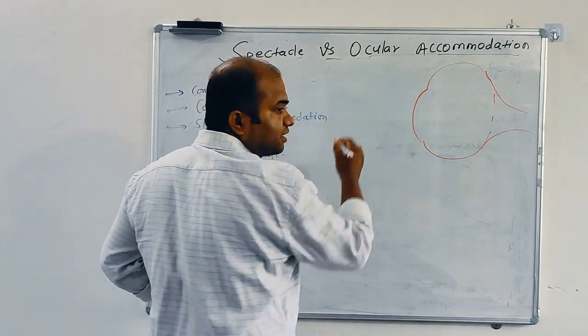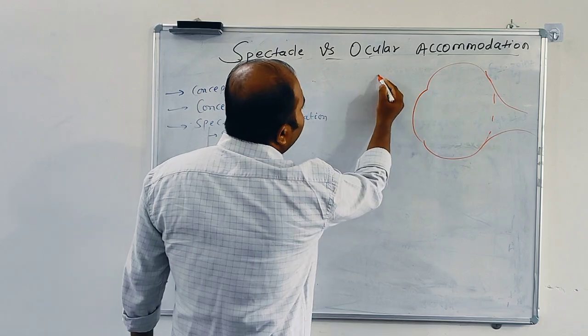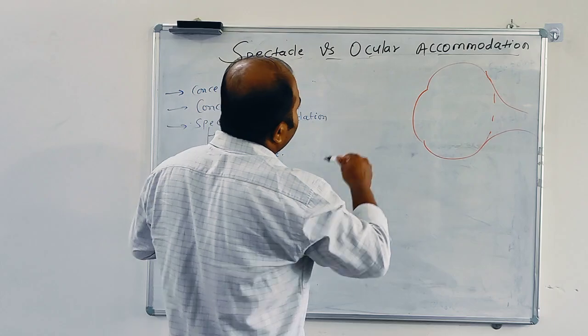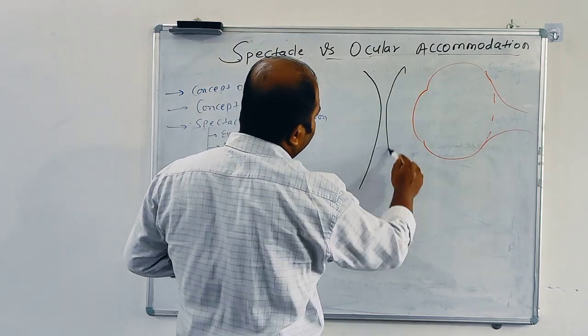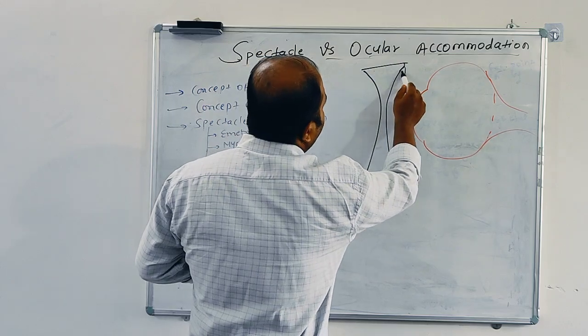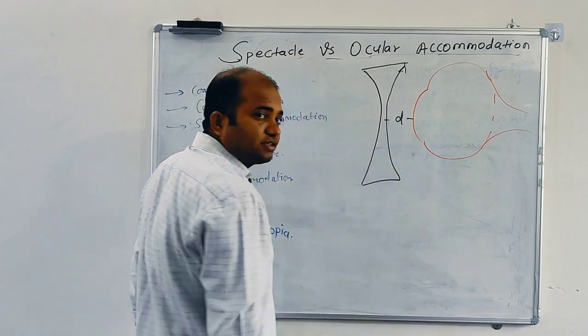So if you are wearing glasses, then of course the glass will be at some distance from your eye. So let's assume here are the glasses, right? For myopia, you are wearing glasses, and the distance between them is called the vertex distance.